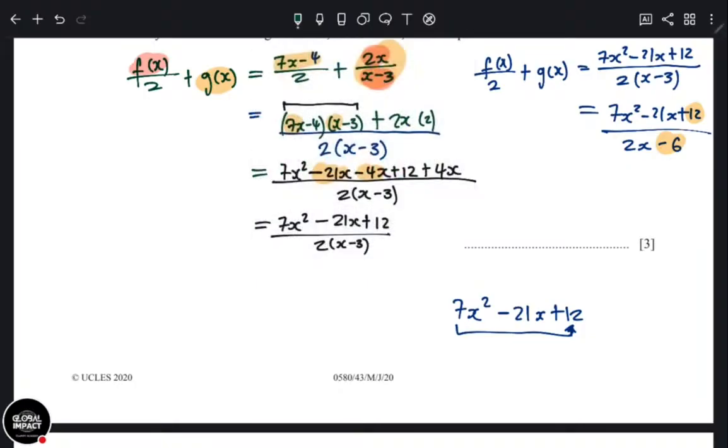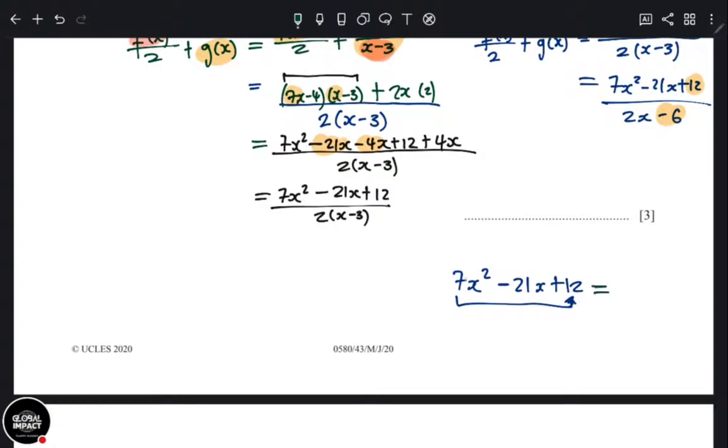What you can do is to factorize this, okay? You'd say 7 by 12, you would get 84. So 84 is what we put on the T. You'd try. You'd say, what are the factors of 84? 1 and 84. 2 and 42. 3, you say 84 divided by 3 is 28.